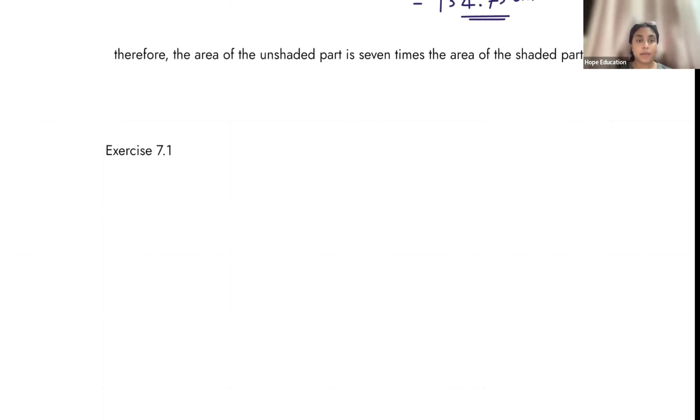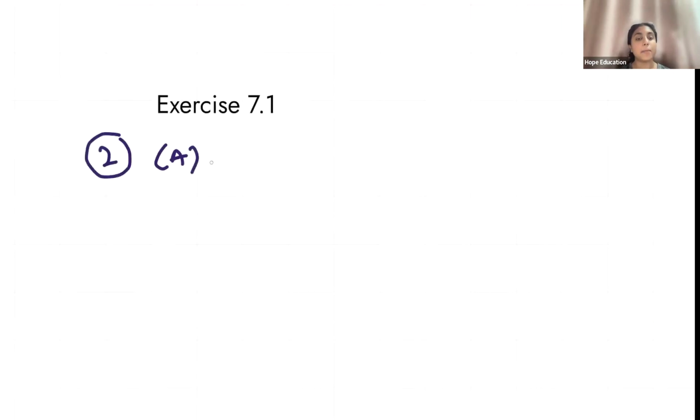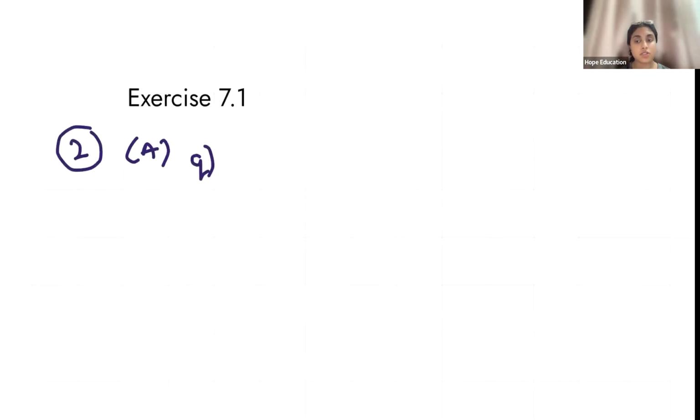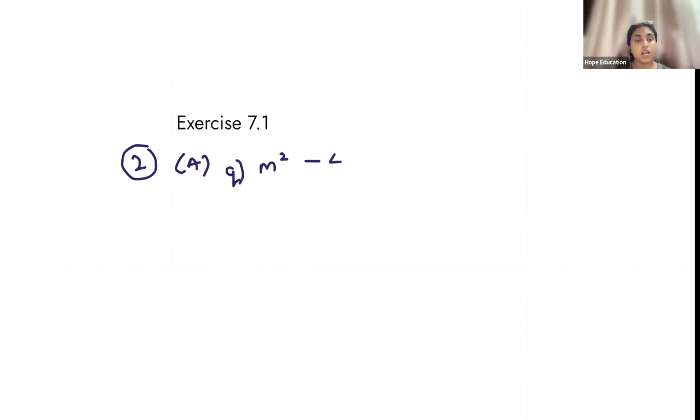Second question A. We have m squared minus 40 plus 6m. It's a bit confusing because that's not what we have learned, so I'm going to just rearrange these a bit.